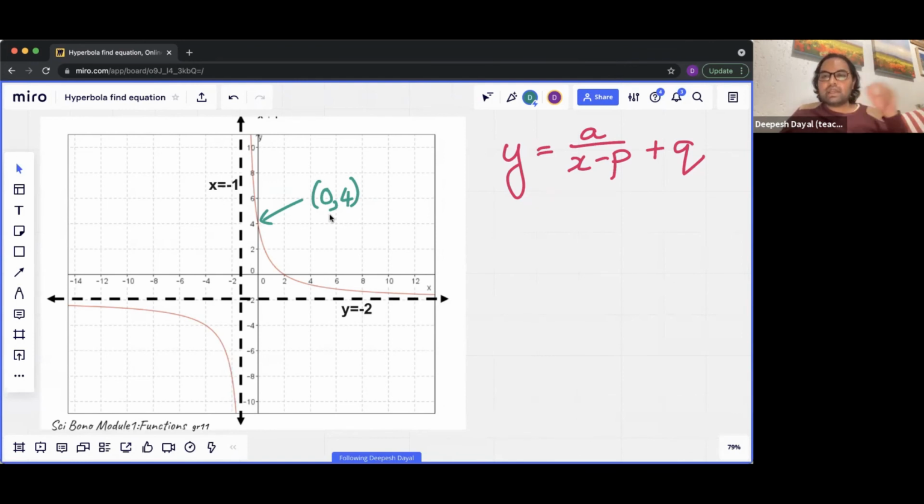Just type in the chat A equals, or unmute yourself and say A equals, then I know you're good to go. Who's going to give me the first answer?